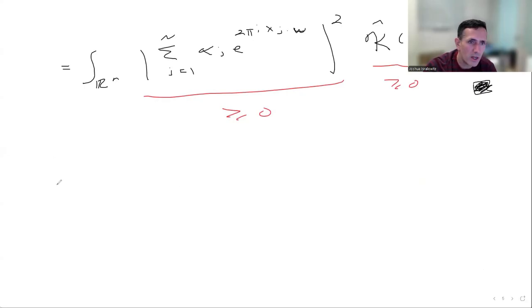So much more generally, and you can state this even for much more general Fourier transforms, is the following.